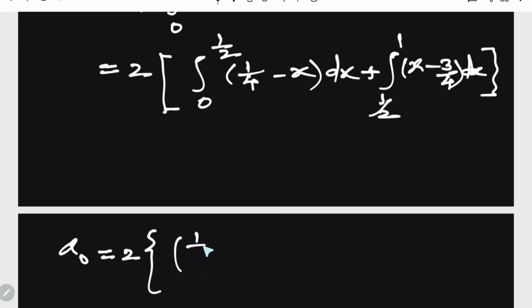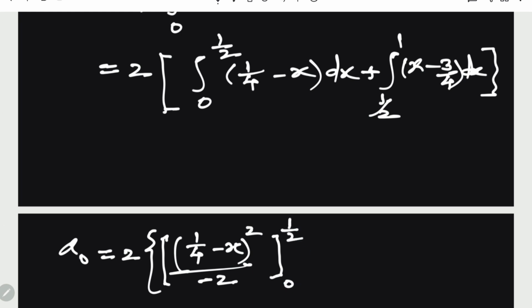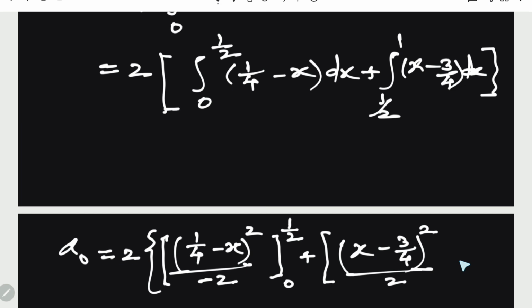Integrating, the first is 1 by 4 minus x whole square divided by minus 2, limits from 0 to 1 by 2, plus the integration of x minus 3 by 4, which is x minus 3 by 4 whole square divided by 2, limits from 1 by 2 to 1.